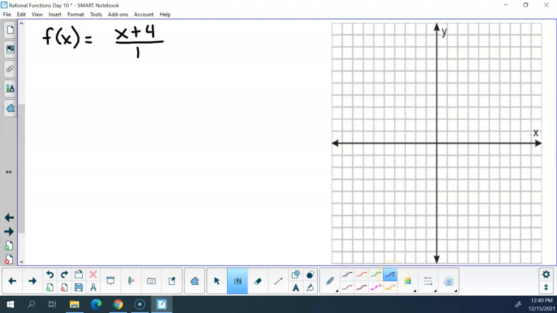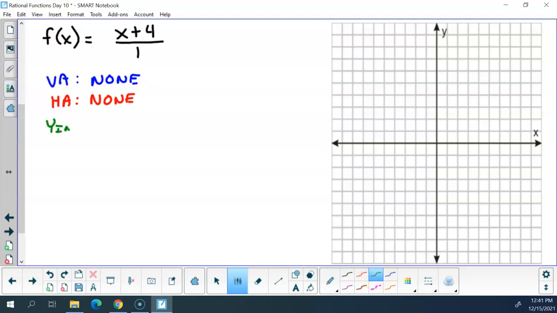So, vertical asymptotes. None. Degree of the top is 1. Degree of the bottom is 0, which means I have no horizontal asymptote. It's a none case.